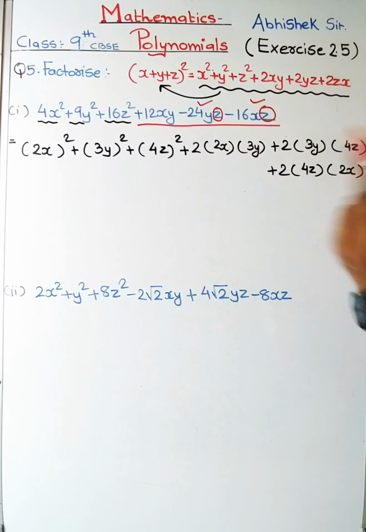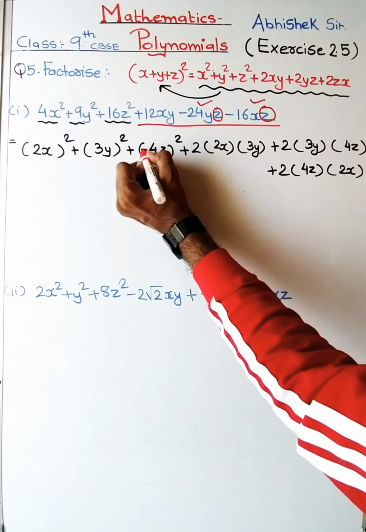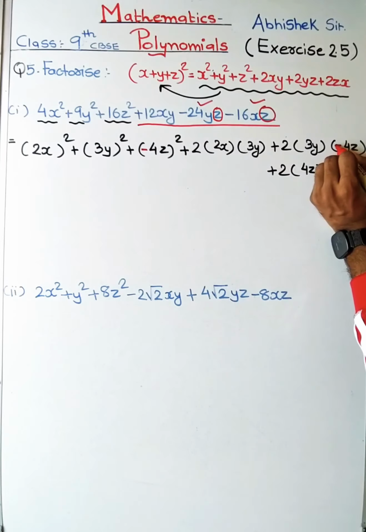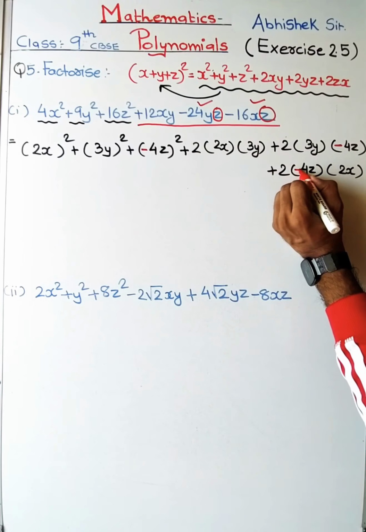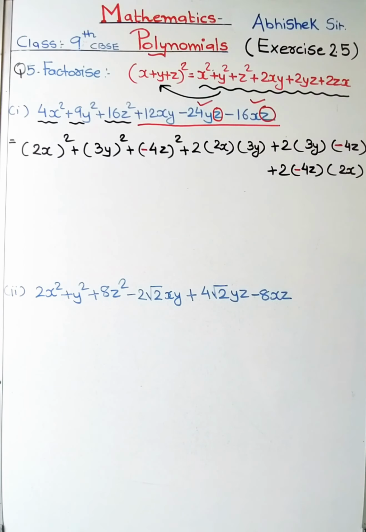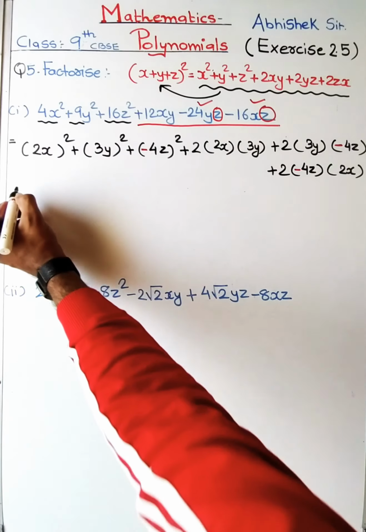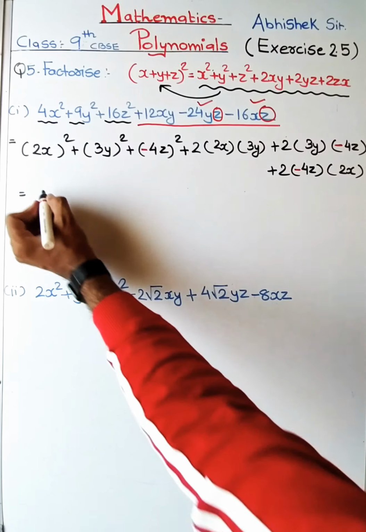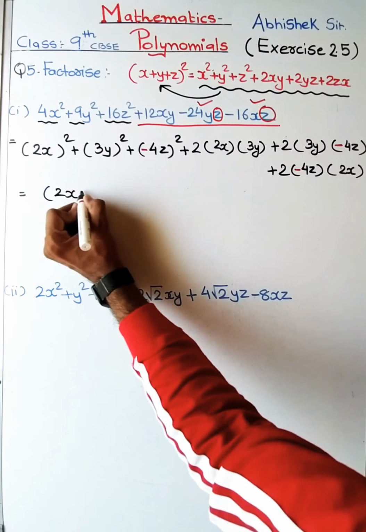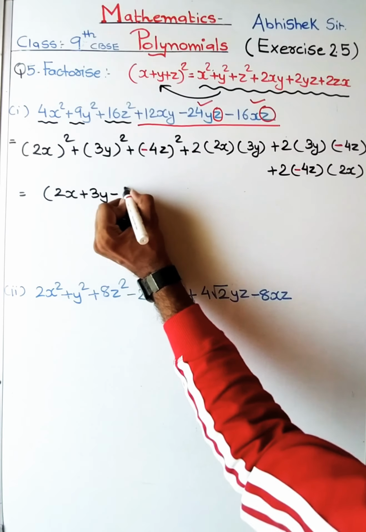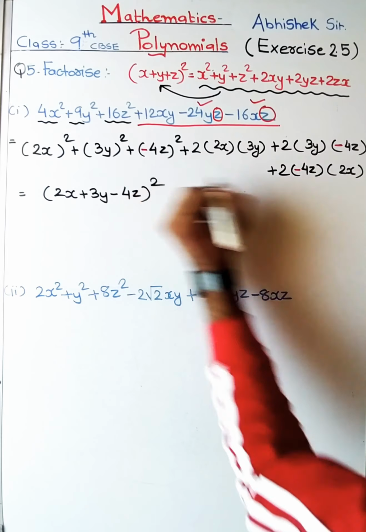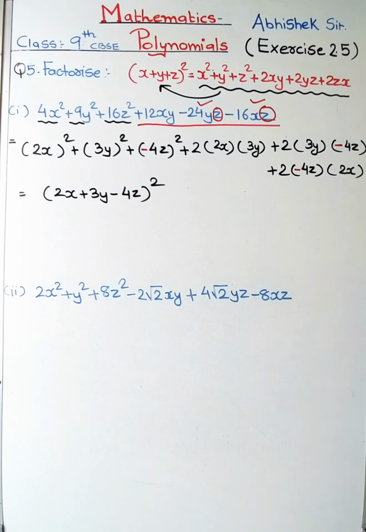Z. That means over here in this second step, wherever you find any z term, you put a minus sign in front of that. So here we have 4z, so keep minus 4z. Are we clear? Right? And the final answer will be, including the first three terms only, (2x plus 3y minus 4z) whole square. So this is our answer.